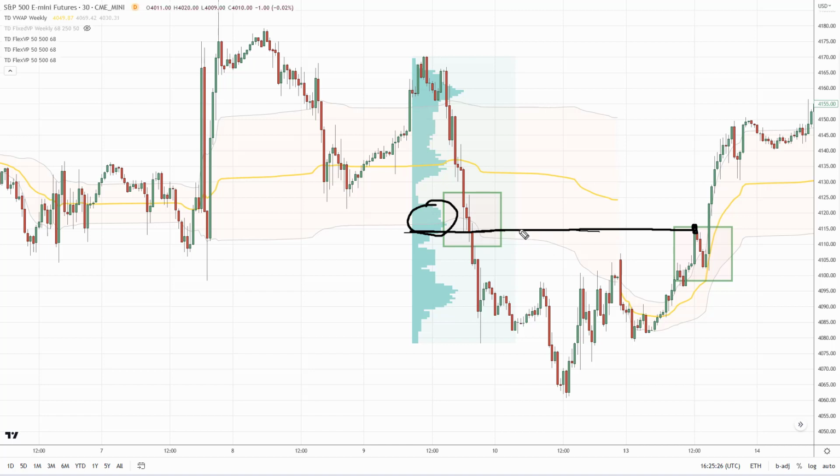So first, as I was saying, we have the short entry level, and then you want to look for a stop loss. In this case, you can place the stop loss behind this heavy volume zone, as well as above the swing point. This is the swing point, which is also a little bit above this heavy volume zone the short level is based on. So ideal place for a stop loss is right here.